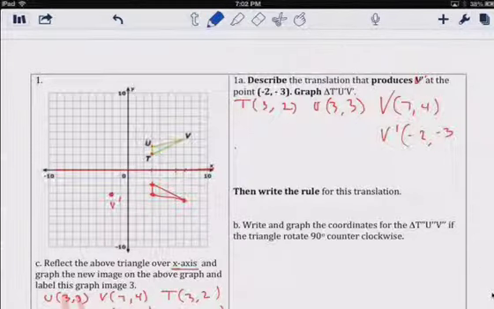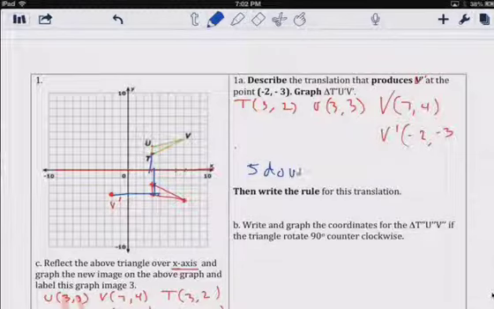You can say, okay, it's going down 2, 4, 5, and then it turns 5 also to the left. So down 5 and 5 to the left.